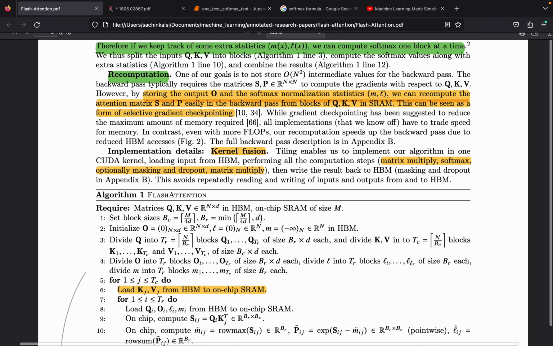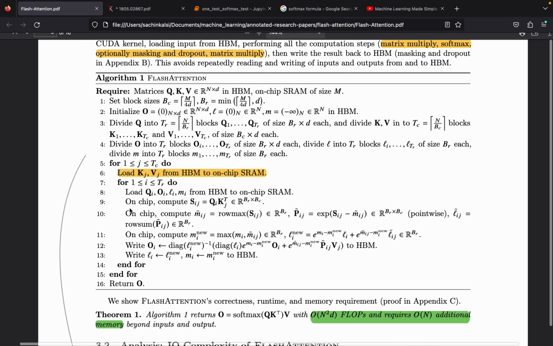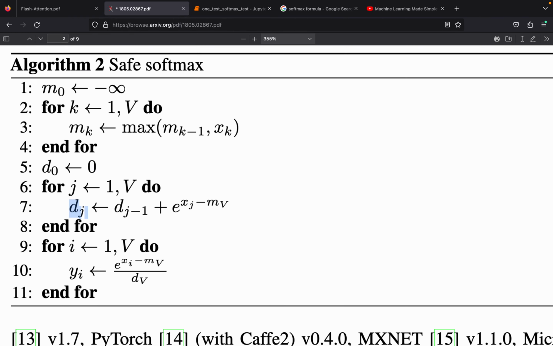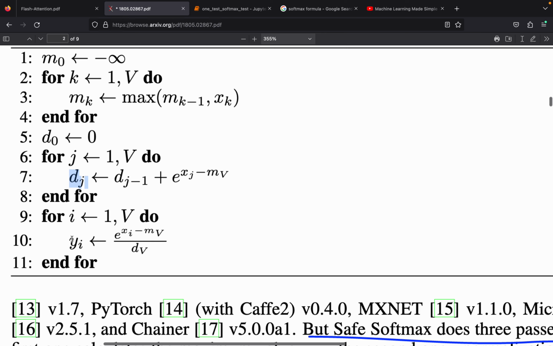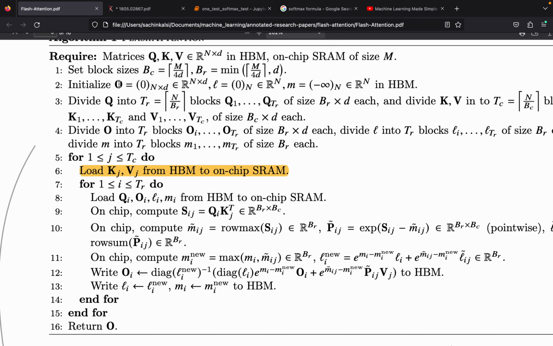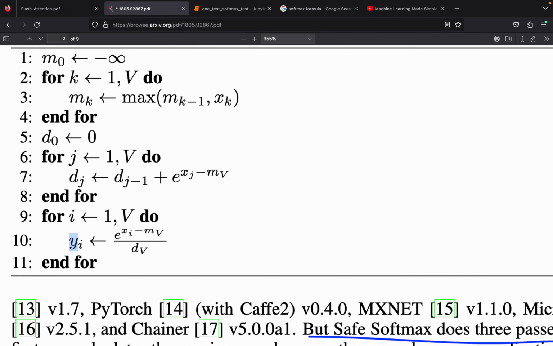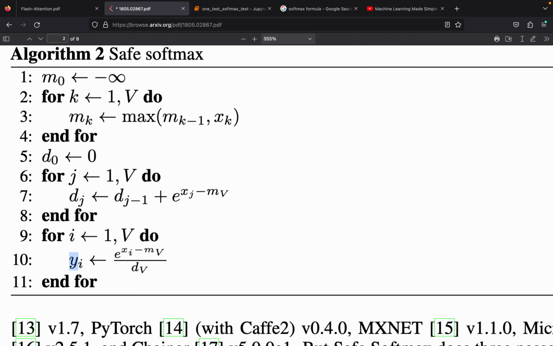I'm not sure really what L is. So you can just match it: dj for L, and m for maximum. Okay, and y is the output, and here we call it O. Just as simple as that.